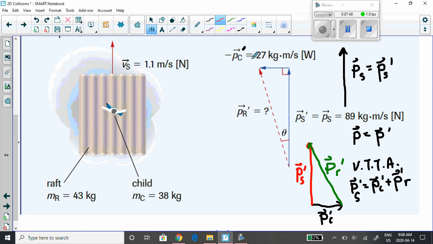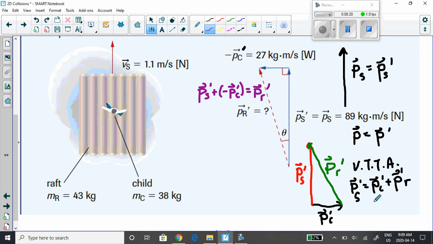So they've drawn a vector tip-to-tail diagram of this equation rearranged. Let me show you what they've drawn here. They've drawn the momentum of the system as the child is walking, plus the negative of the momentum of the child, is equal to the momentum of the raft.